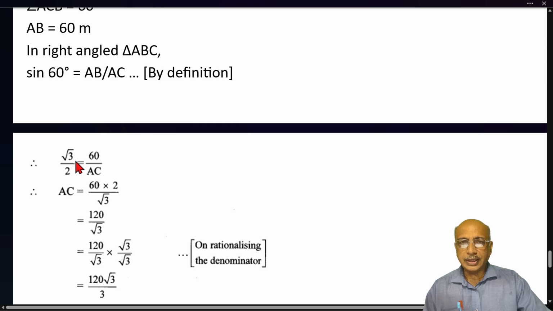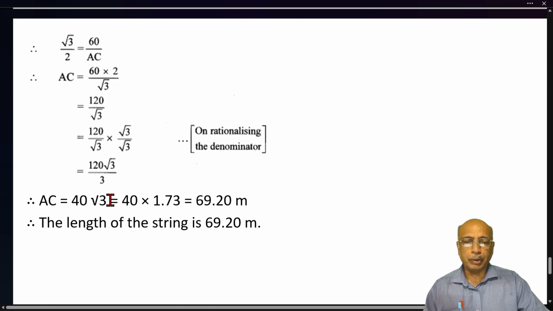So what is the sine 60 value? Root 3 by 2 equals 60 upon AC. Cross multiply. This 2 will come in the numerator, root 3 will come in the denominator, and AC will come on the other side. So AC equals 60 into 2 upon root 3 equals 120 upon root 3.